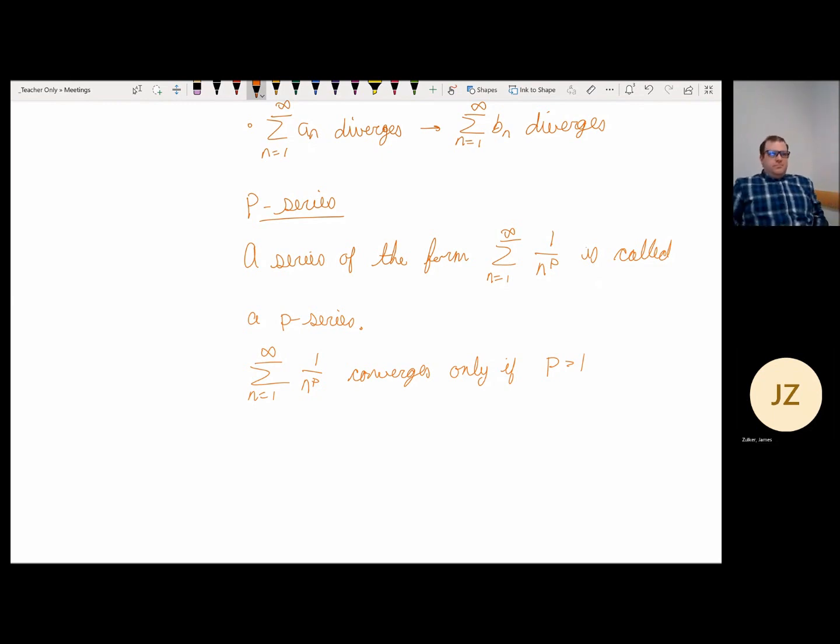It converges only for p greater than 1. It diverges otherwise.